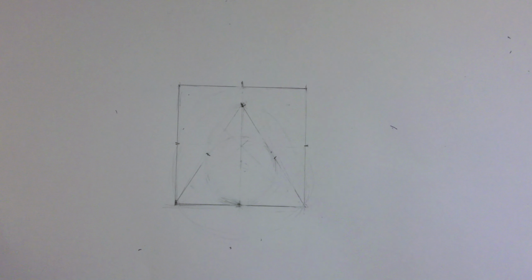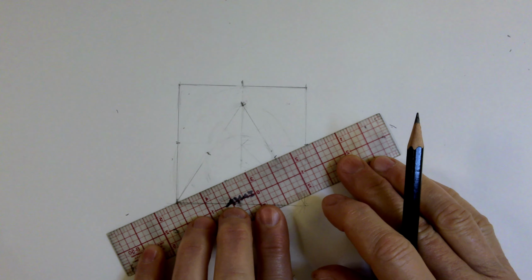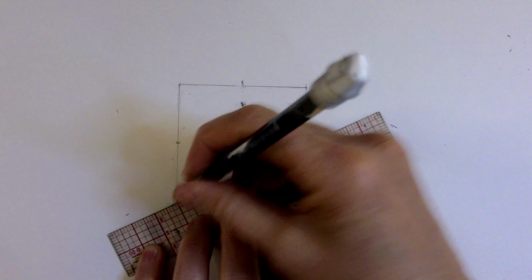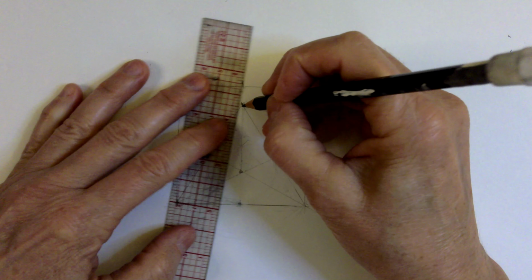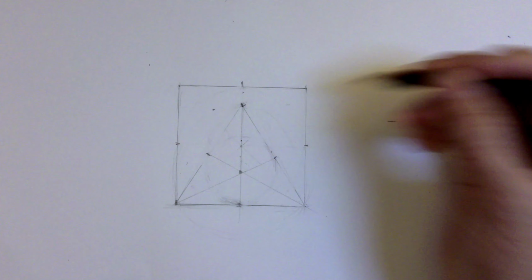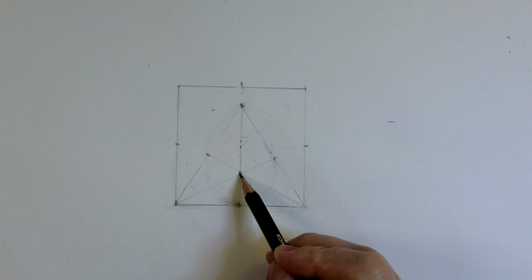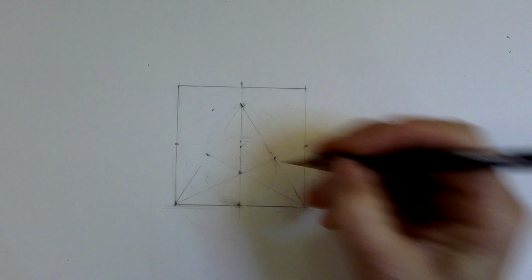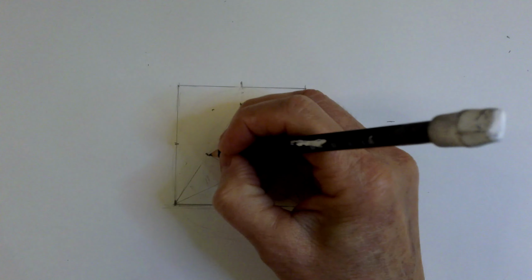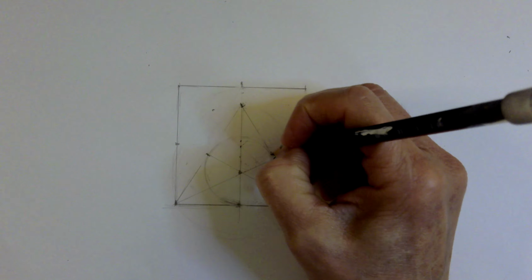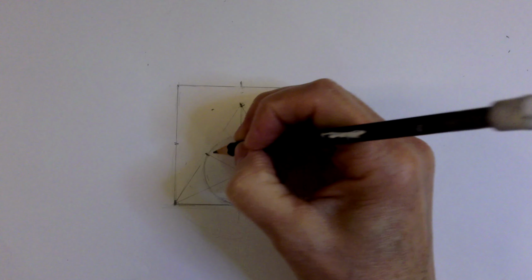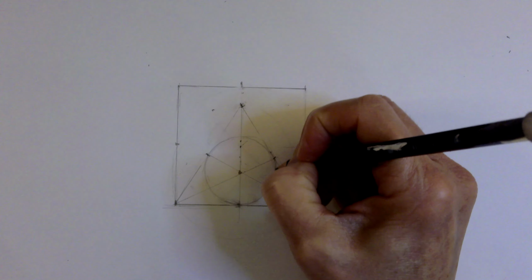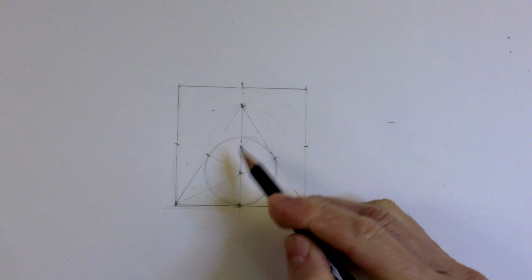So now, if I draw a line from each edge of the triangle to the corners, this will be the center of your equilateral triangle. And you can inscribe a circle within your triangle, your equilateral triangle, by knowing where the center of the triangle is.